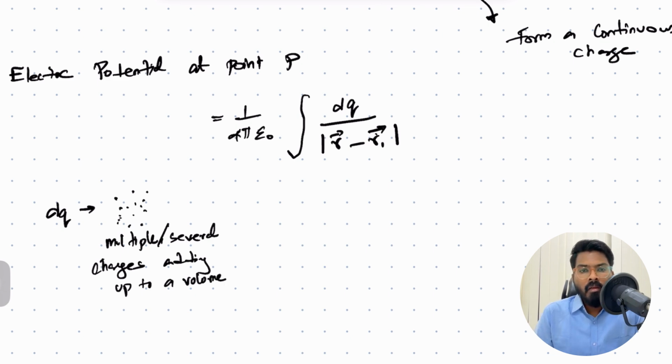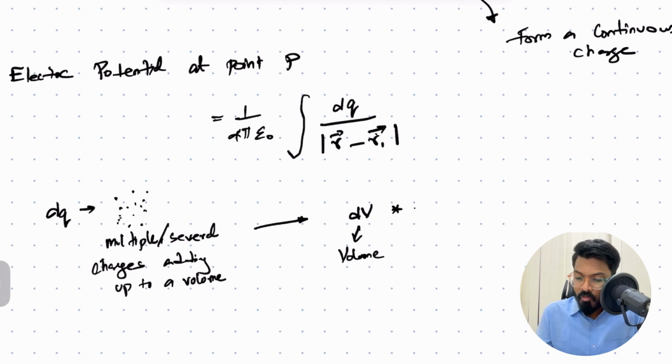These charges are distributed over a volume. Let's say the volume is dV. Whatever the distribution, we are looking at some volume, so that is dV, the volume of that.